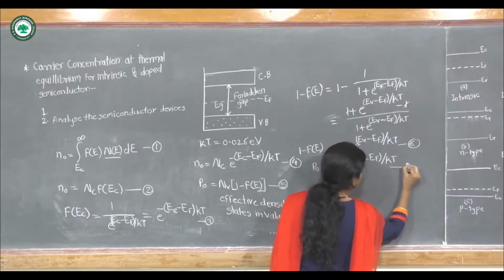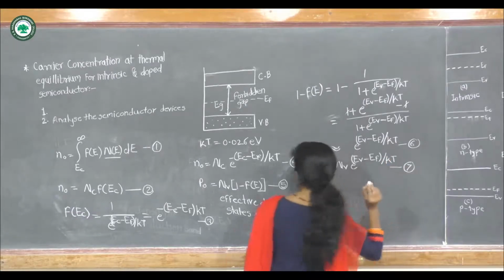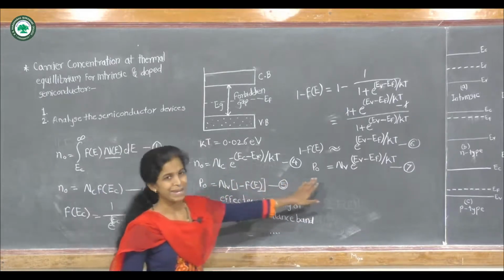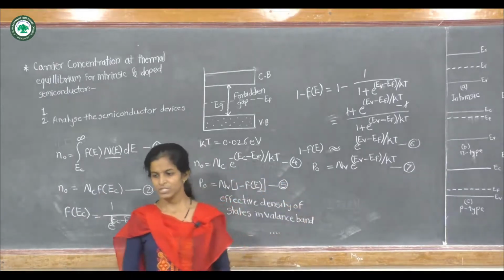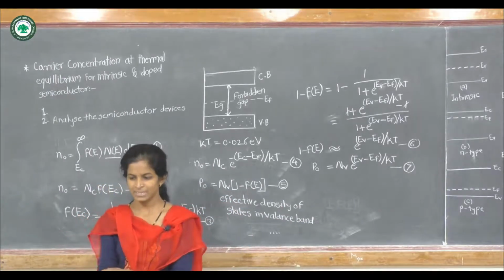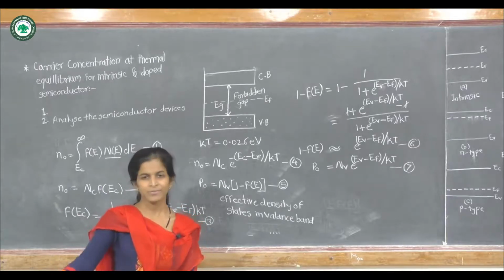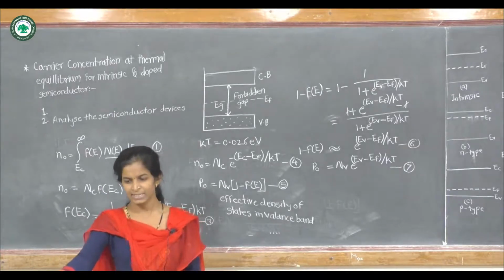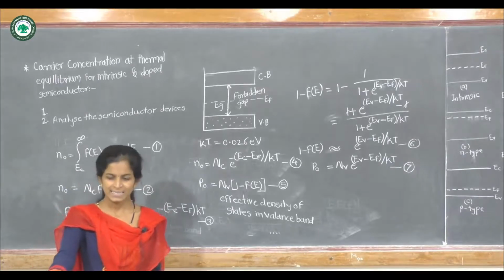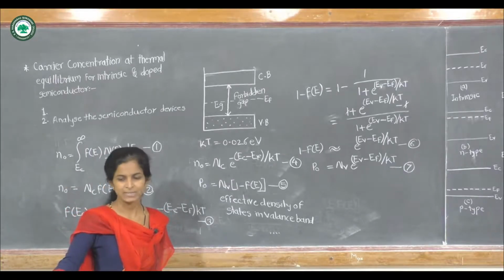So this is equation number 7. So we have equation number 4 and equation number 7, which give the electron and hole concentration, valid whether the material is either intrinsic or doped, provided that the thermal equilibrium is maintained.